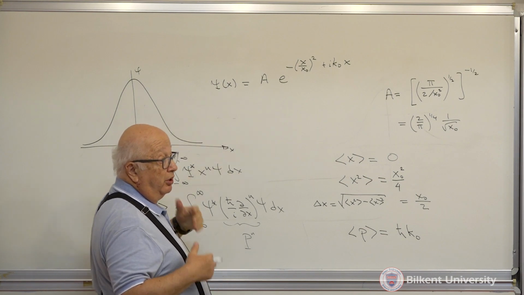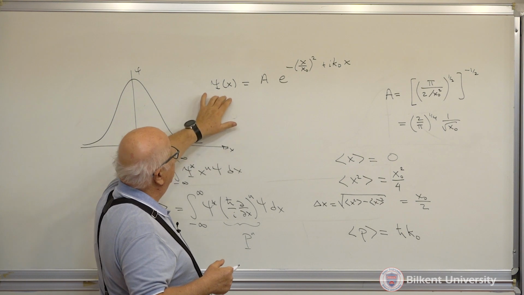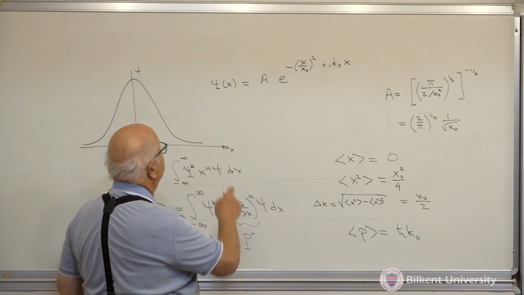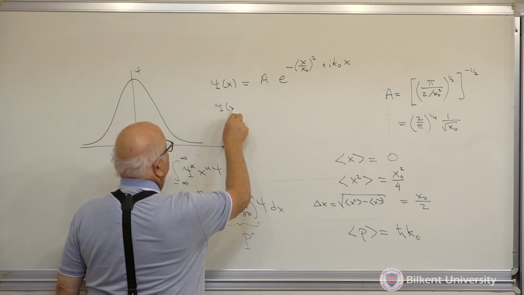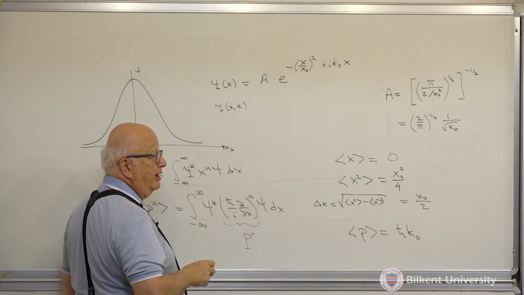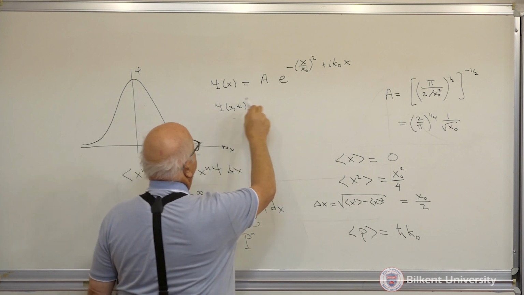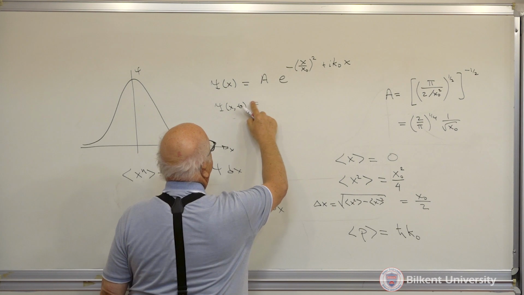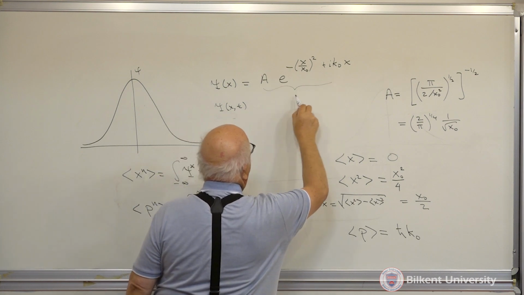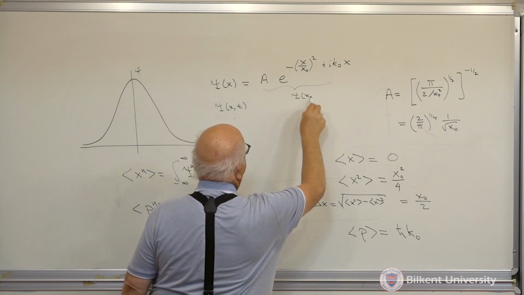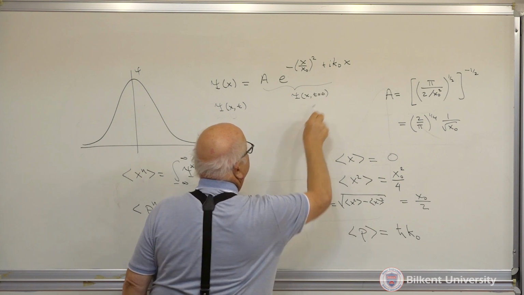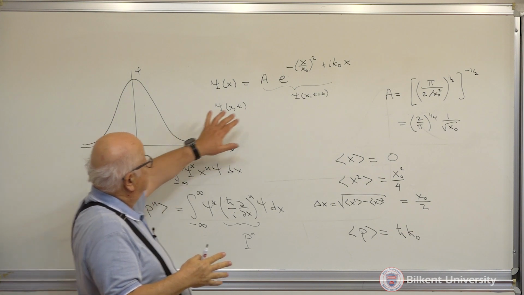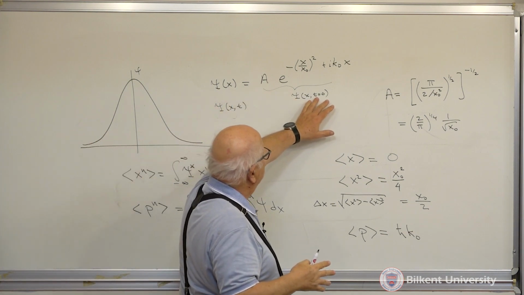So if you are interested in finding how this psi changes, you have to write this psi as a function of time. So suppose you write this thing here, then you have to write this psi of x, say, at time equal to 0.